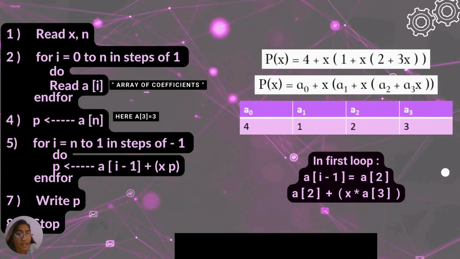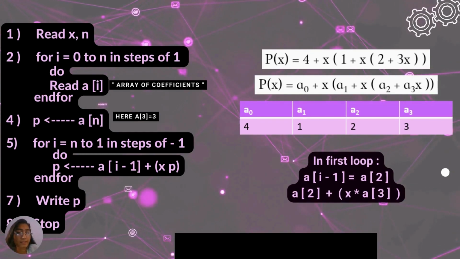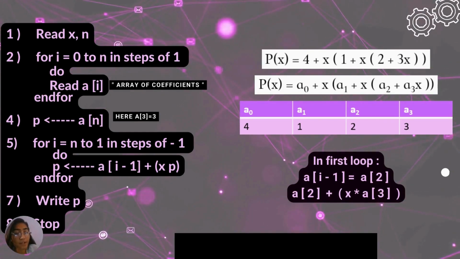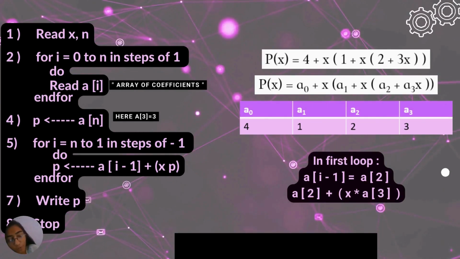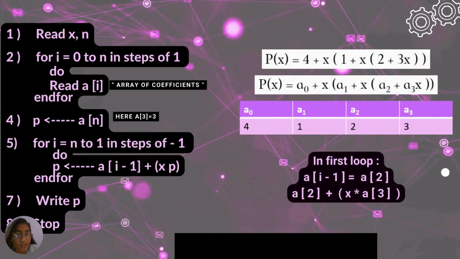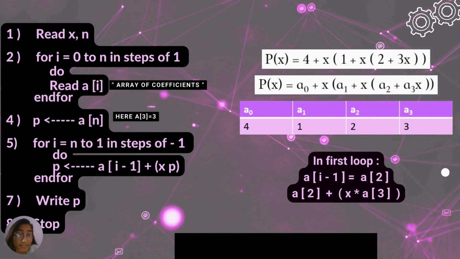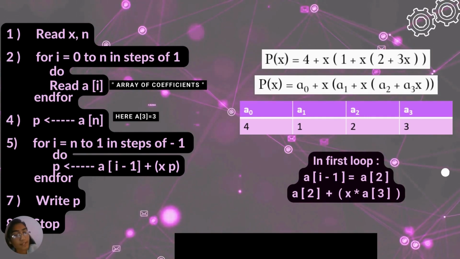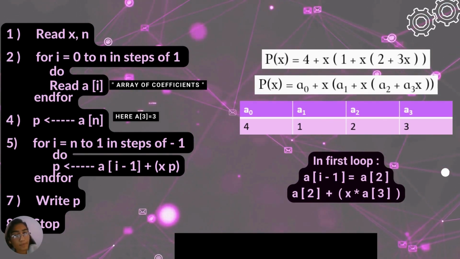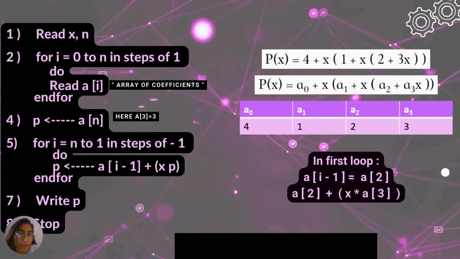So we'll take its degree, and we will create one loop to read all the coefficients of x. If it's x to the power 0, we take a0. If it's x squared, we will take the coefficient of x squared, that is a2.